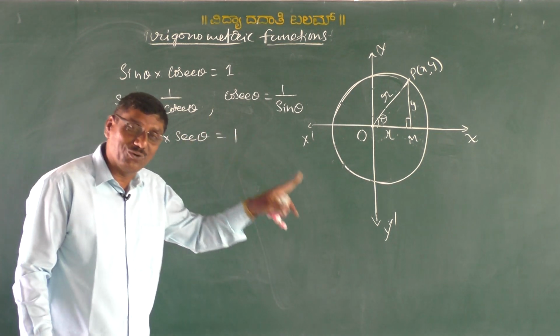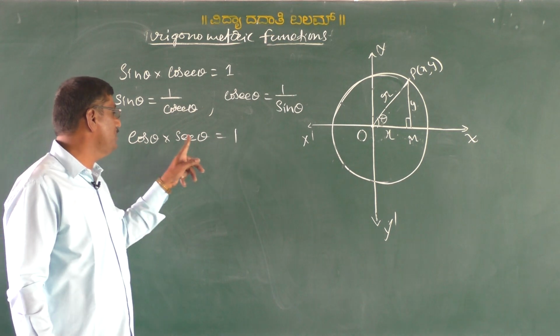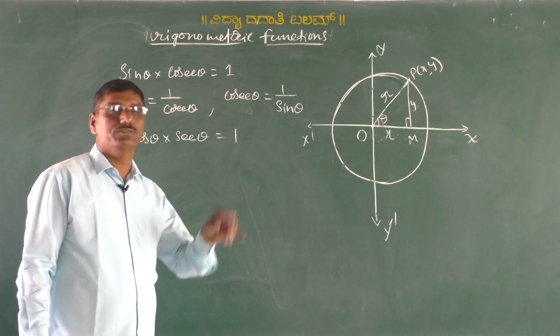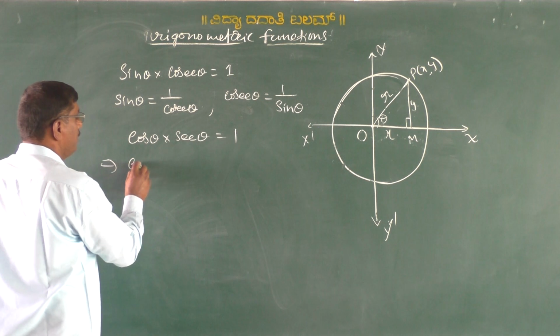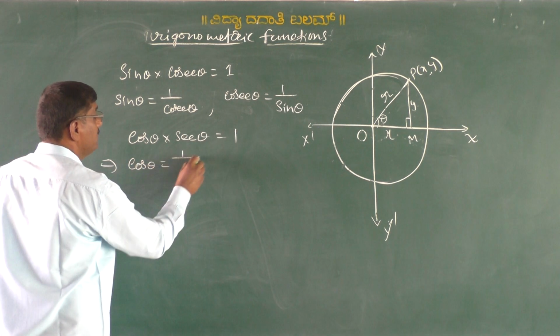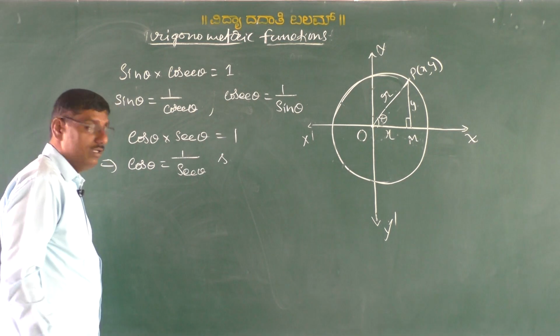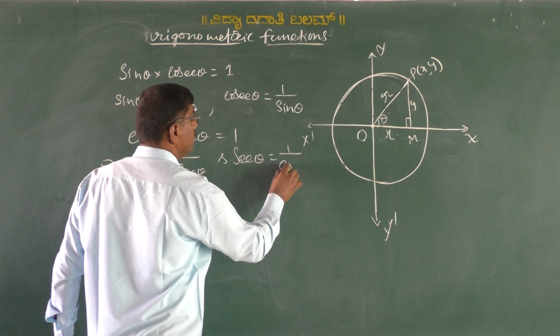By substituting the ratios of cos theta and secant theta and simplifying, we get 1. From this, we can write cos theta is equal to 1 by secant theta, and secant theta is equal to 1 by cos theta.